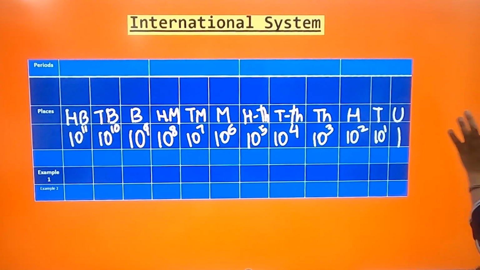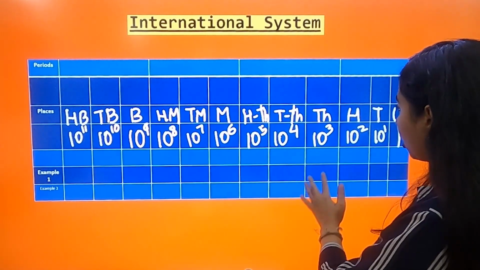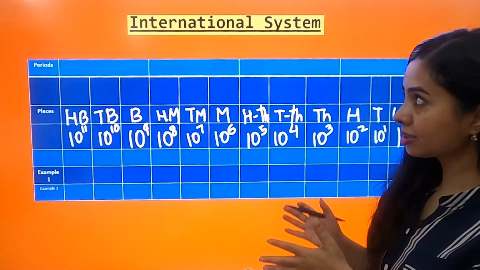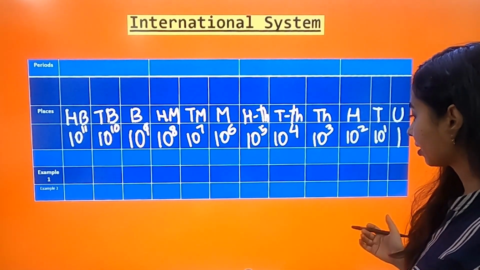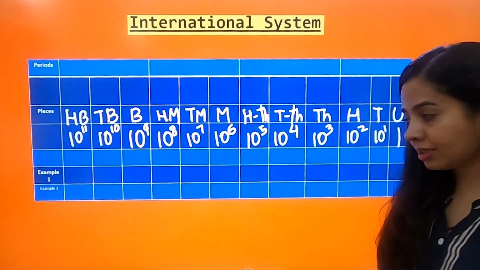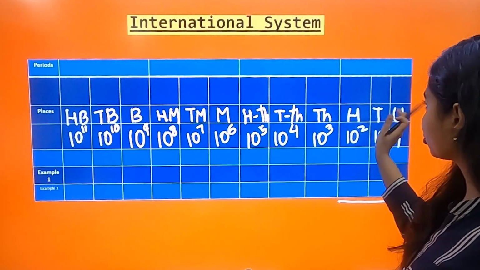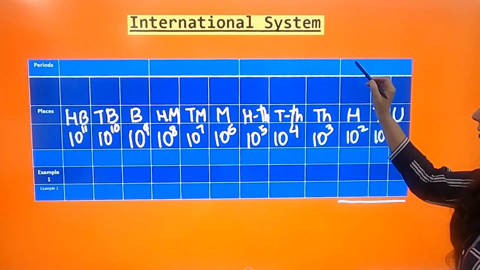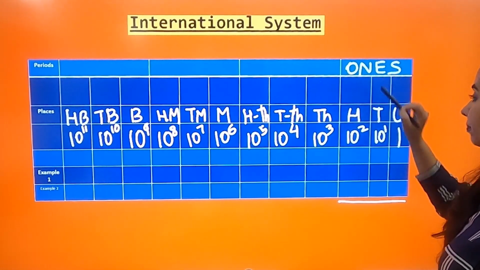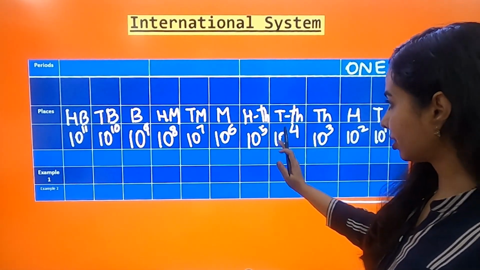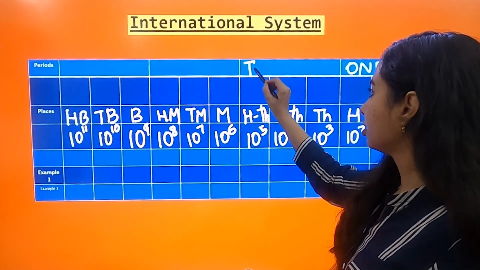Now, this was about places. Now, how in the international system the number is divided into periods. So in the international system it's pretty easy, it's pretty simple. It's 3, 3. Every time it's just 3, 3. Units, tens and hundreds come in the ones period, exactly like the Indian system. 1,000, 10,000 and 100,000 come under the thousands period.